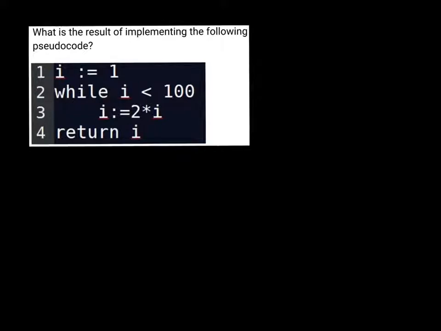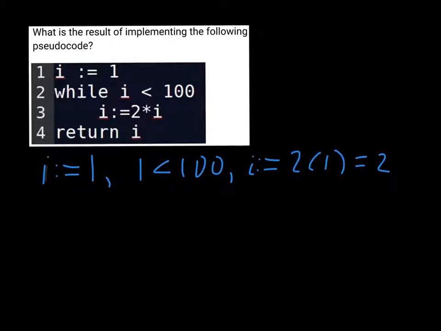Well, we start out at the beginning. We start out with I equal to 1, and we check, yes, 1 is certainly less than 100, so we're going to reassign I to be 2 times 1, and we get 2. So now down here, I is going to be 2.